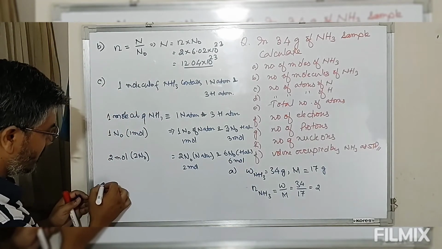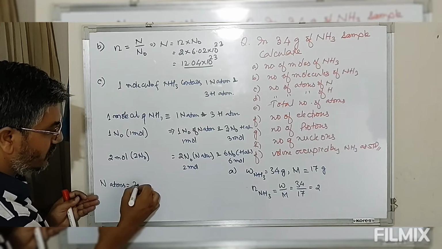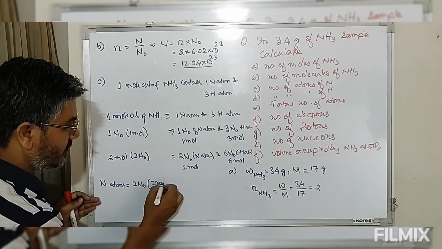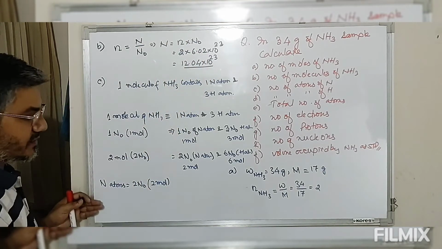So the number of nitrogen atoms is 2 into Avogadro number. This is nothing but 2 moles, and Avogadro number is 6.02 into 10 to the power 23.